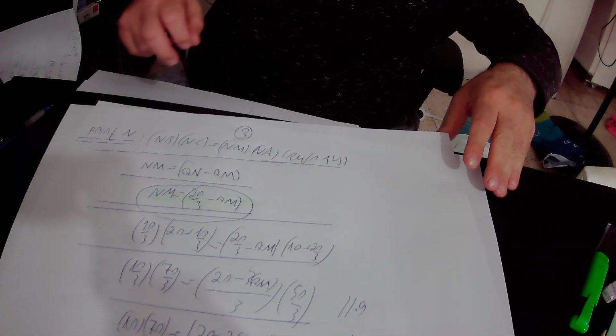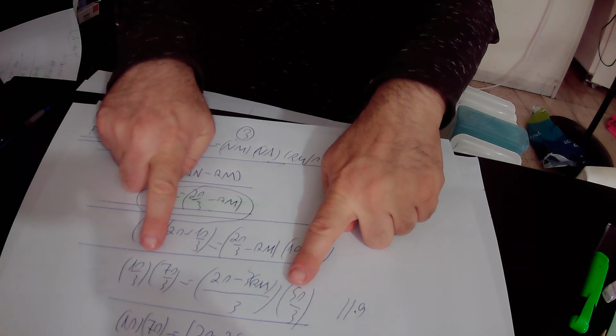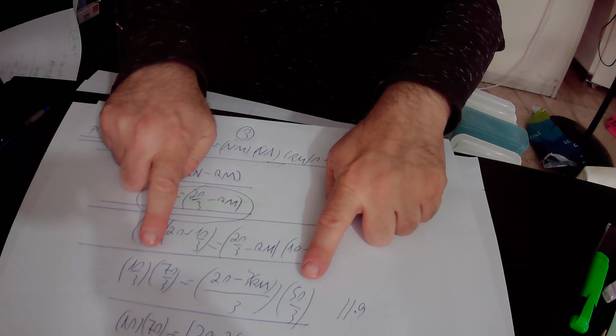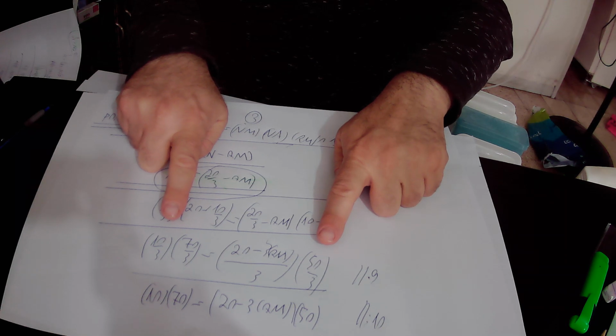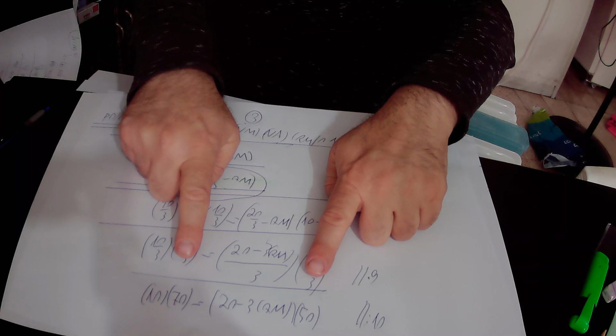Here we have 9 on both sides of the equation, since 3 times 3 is 9, so we multiply the equation by 9 in order to cancel the denominator. We are left with 10 times 70 equals 20 minus 3QM times 50.